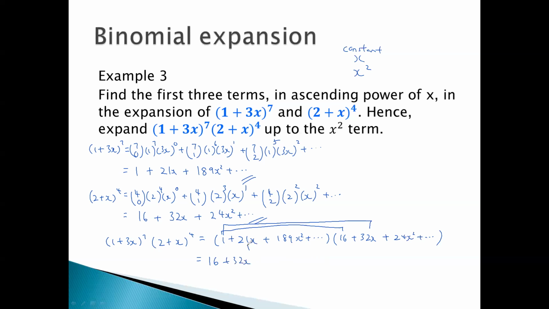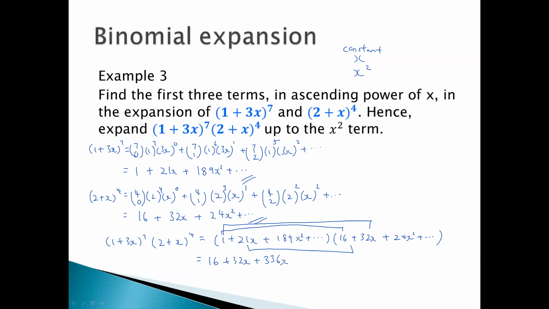And also 21x times 16. So what's 21 times 16? It's 336x. Okay.